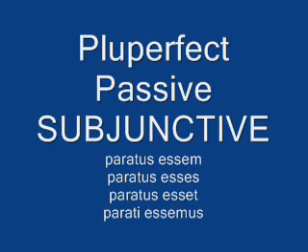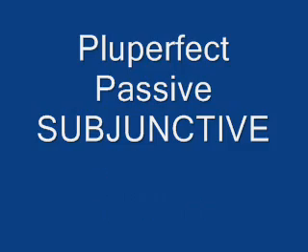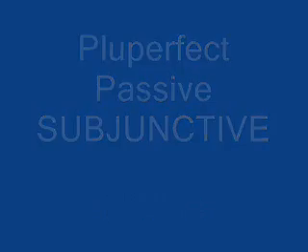That's it. You just take paratus eram, eras, erat, change eram, eras, erat to the corresponding form of the subjunctive, and you have paratus essem, esses, esset, and that is the pluperfect passive subjunctive.